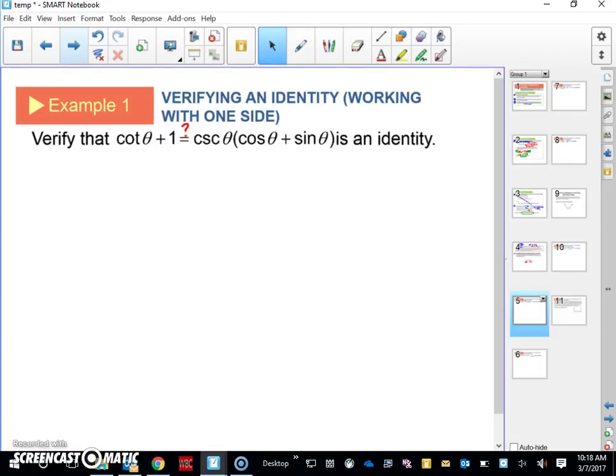One of the very most common hints and tricks that you can use is to change things in sine and cosine. You'll use that all the time. This cosecant theta right here, I know how to change that into sine and cosine. That's one of the fundamental identities. Cosecant theta is 1 over sine theta.